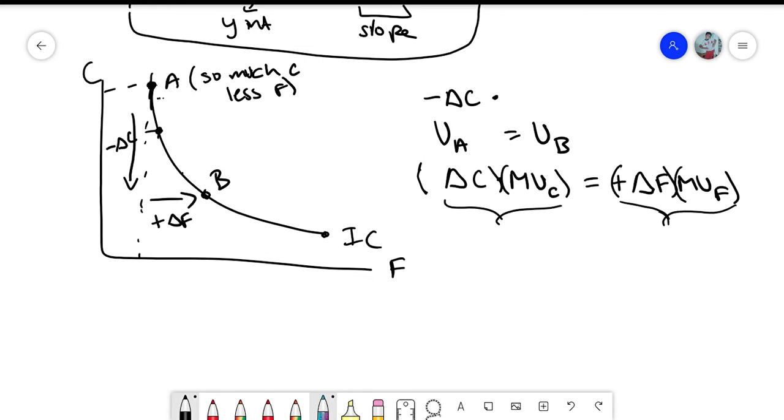So now we can rearrange this to write it as change in C over change in F equals MUF over MUC. So this isn't really that helpful, unfortunately.